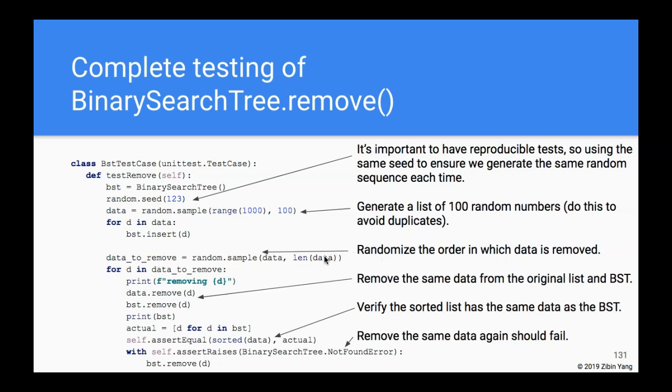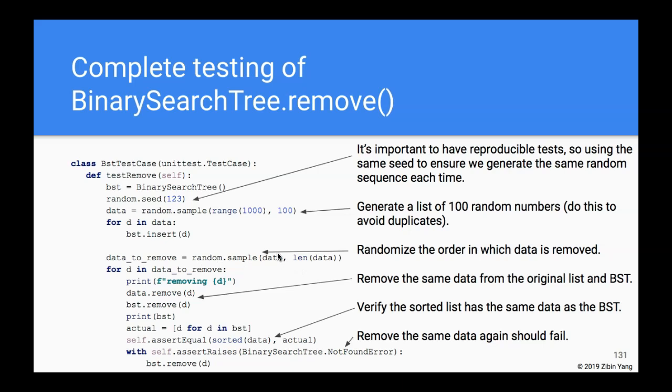And then the next thing I'll do is for the data to remove, I don't want to just remove from the beginning of the list of data, because that's the order in which the data is inserted into the BST. That might have some weird effect if I do two things in exactly the same order, the insertion and removal. So I want to remove data randomly.